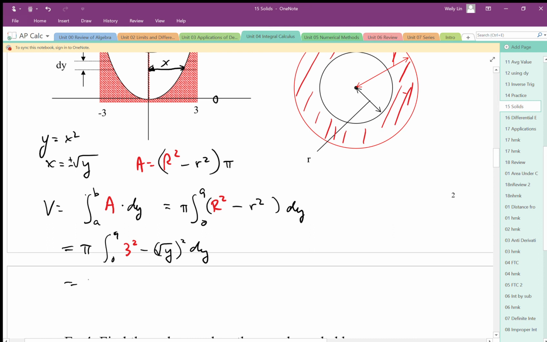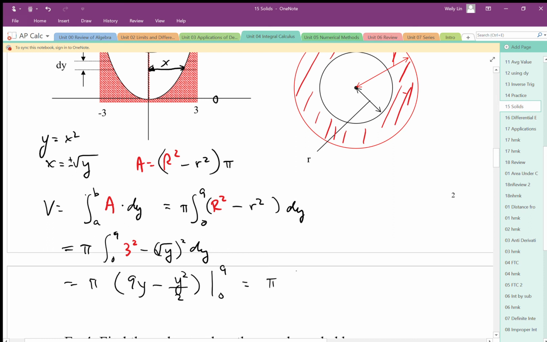I can integrate this fairly easily. This becomes 9y. Then square root of y squared is y, so we're going to get y squared over 2 when I integrate that. That's going to be from y equals 0 to y equals 9.